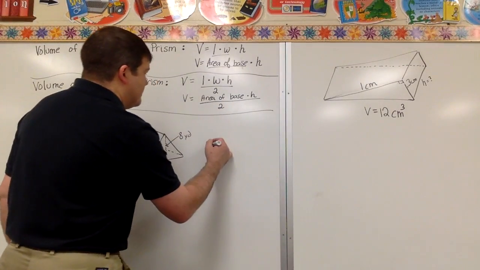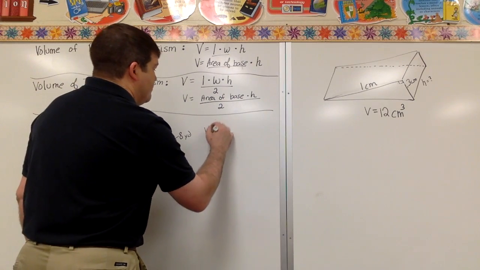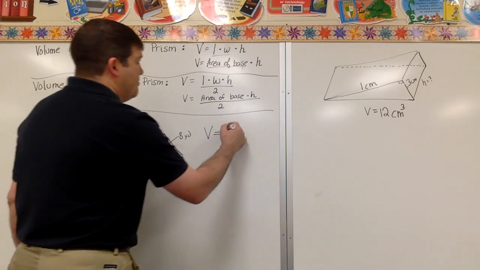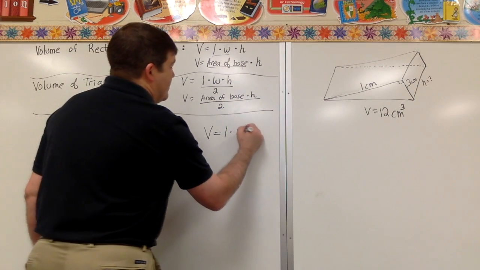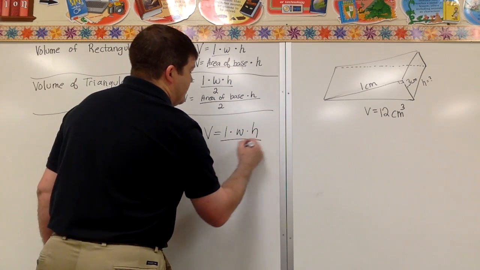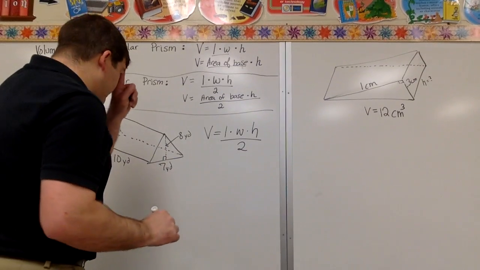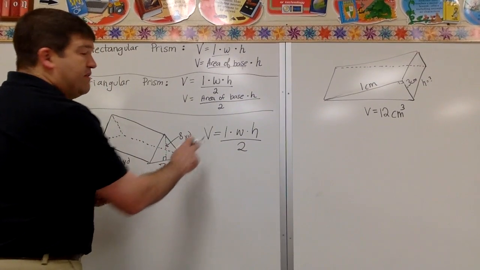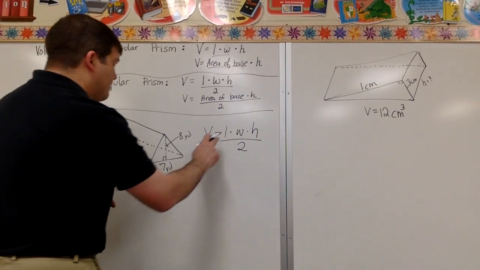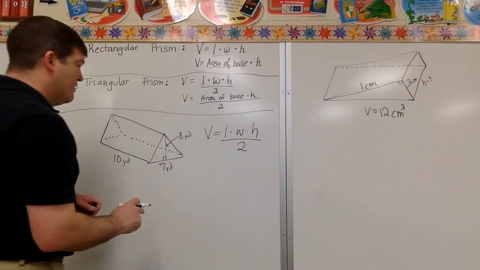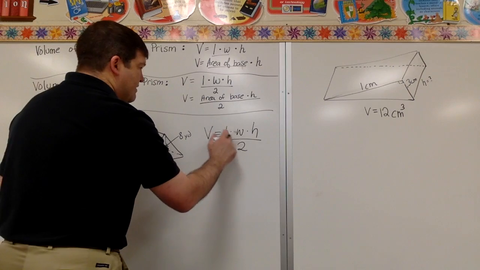One way is that I always put my formula down. Volume equals length times width times height, and because it's triangular, divided by 2. So what I do, I don't know the volume, so the V stays there. Do I know the length? The length and width together make the area of the base.